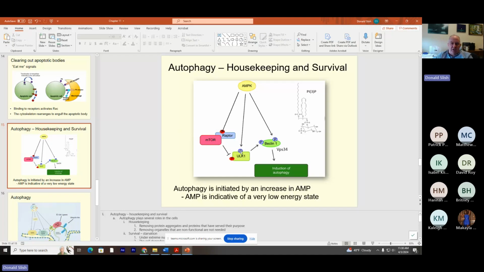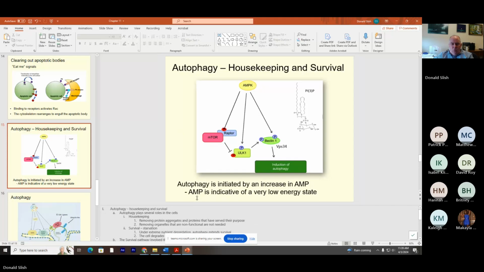And we're also going to activate the autophagy pathway. This is the key step. One of the key steps here in autophagy is activating this ULK1 complex. You want to think of ULK1 as the trigger for autophagy, because this is going to start it all off.